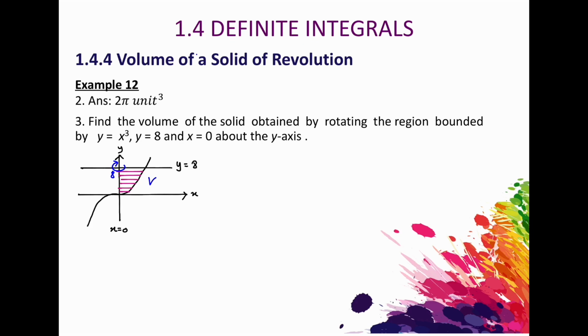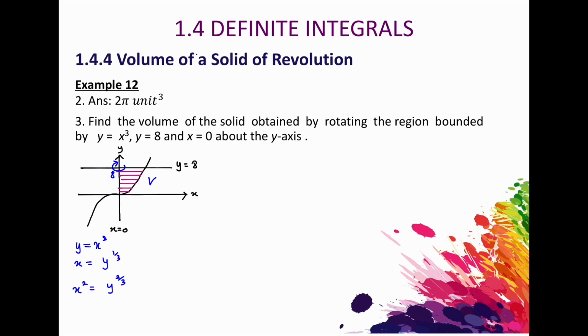Before we integrate from 0 to 8, the x cubed has to be expressed as x squared. So we want to find the expression of x squared in terms of y. It is given that y is equal to x cubed. So x is equal to y to the power of 1 over 3, and therefore x squared is equal to y to the power of 2 over 3.